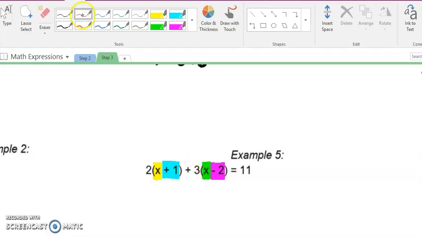Well, again, think of it. Which club is 3 closest to? It's practically touching this second club here, this green and pink club, this second set of parentheses. So this positive 3 is going to distribute into the second set of parentheses.